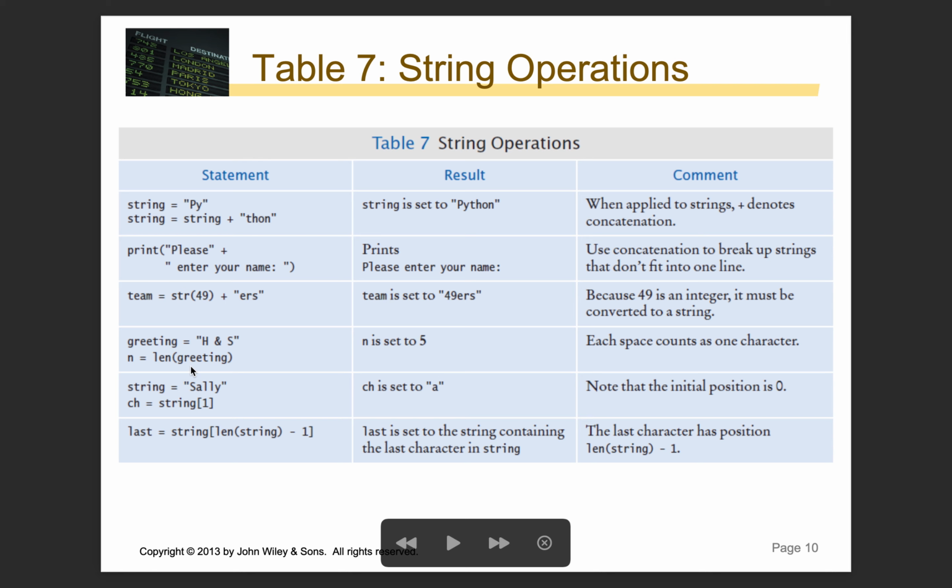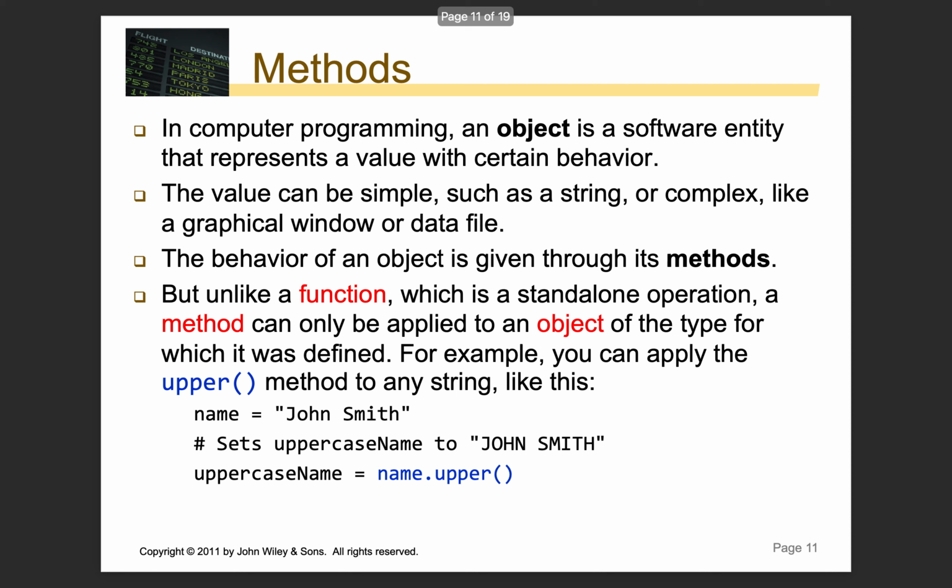Getting used to how the length function works and the fact that it includes spaces and exclamation marks and things like that. Indexing from 0 is going to be a really, really common error that people have. So try to familiarize yourself with the idea that we now index from 0, and then with this last line of code, maybe run it through with an example to get used to the idea that the length may be something like 10, which means that if we're indexing from 0, the last position is going to be 9.